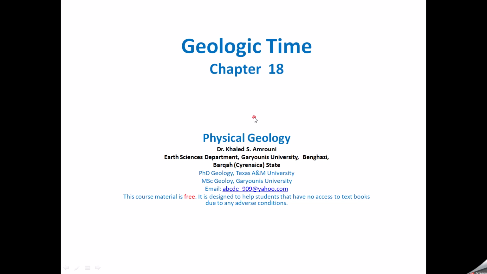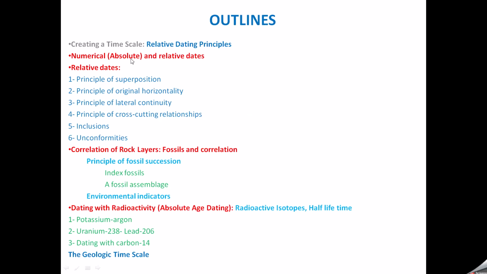Geological time, chapter 18. Here we'll study numerical absolute age and relative age dating. So, relative age dating, we use principles: principle of superposition, principle of original horizontality, principle of lateral continuity, principle of cross-cutting relationships, principle of inclusion, principle of unconformities.